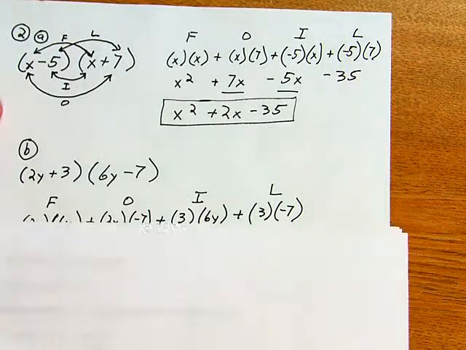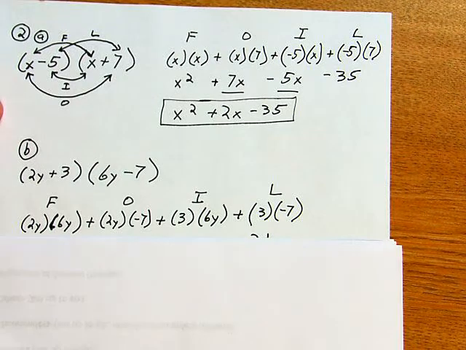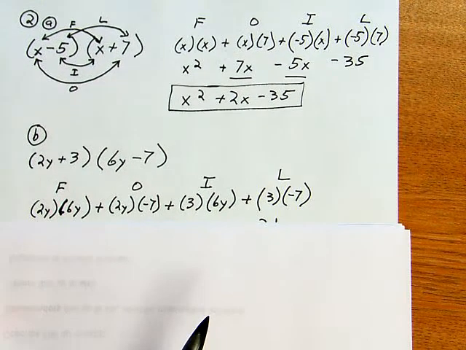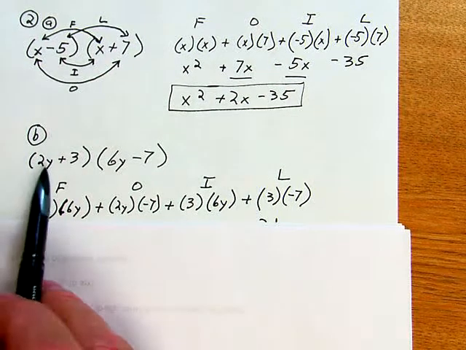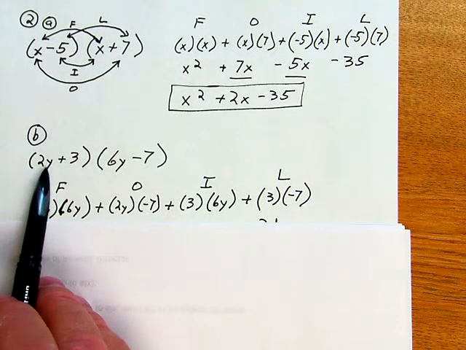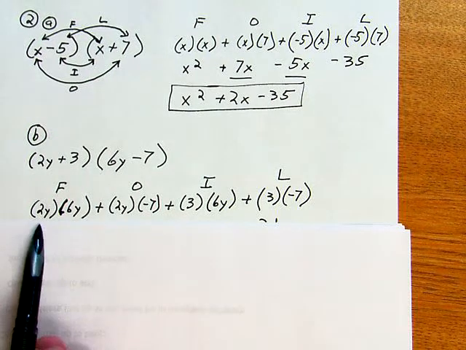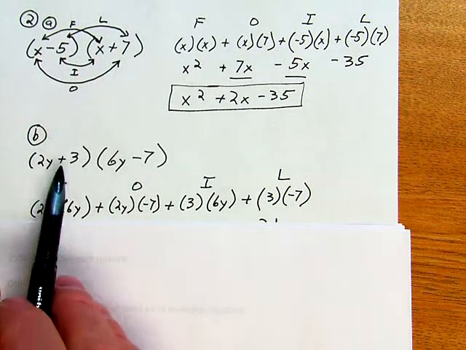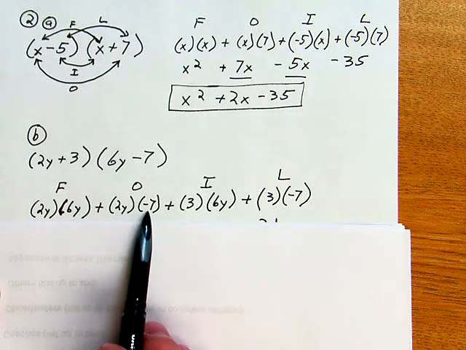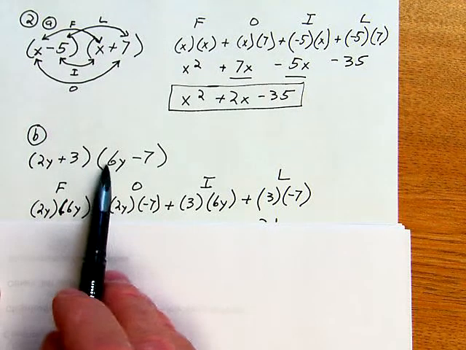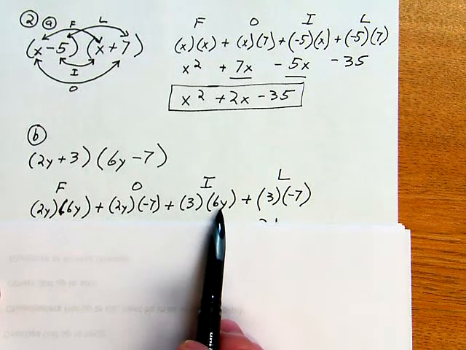Now let's look at the same thing, except this time I'm not going to draw the arrows. I'm just going to do FOIL. For first times first, 2y times 6y. The outside, 2y times negative 7. Inside, 3 times 6y.